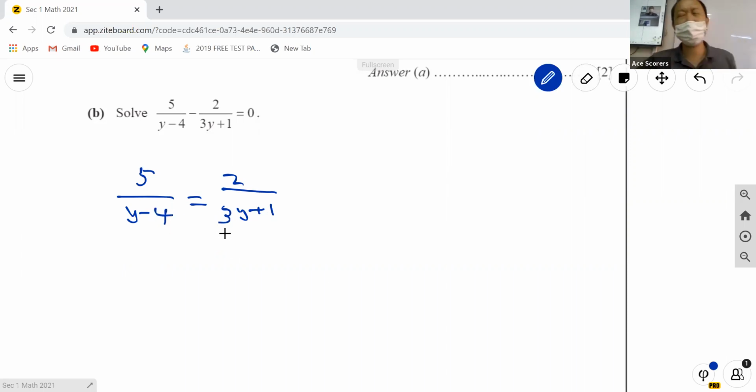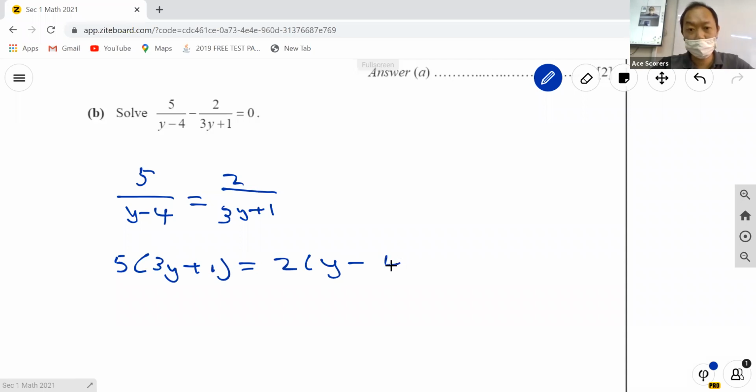We put the fraction on the other side so that you can do a cross multiply. For fraction algebra, usually we like to deploy the cross multiply way. So I get 5 times (3y plus 1) equals to (2y take away 4).